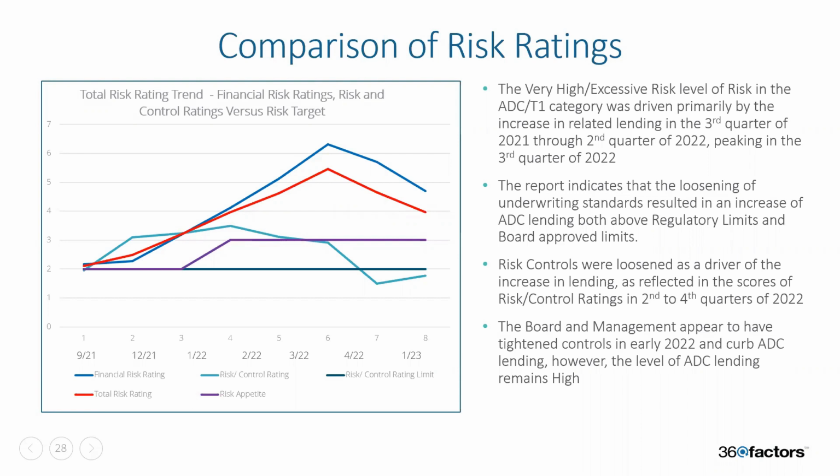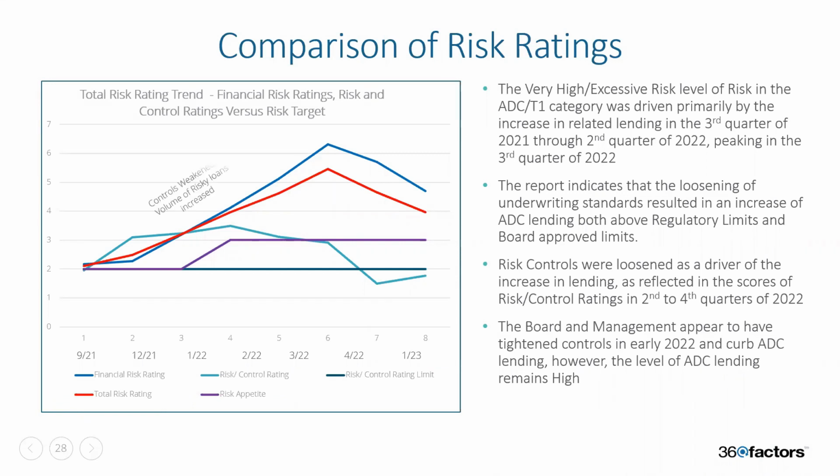So what that told me, if I'm a director, is we're loosening up our controls, our underwriting standards, that green line over here on the left, just above the red line. We're loosening up our underwriting controls, or we have weaknesses in controls, and we're taking on too much risk. So we either loosened controls to take the risk, or we took the risk and we're not managing it very well. So maybe we need to back up a little bit.